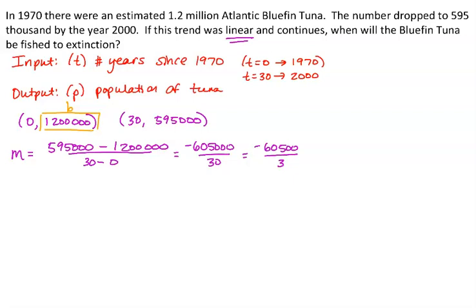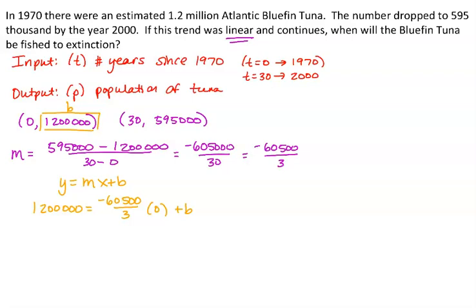If you didn't know your y-intercept or you weren't sure if that was b, the other way that we could figure that out is to plug our point into our y equals mx plus b. So if you plug in the m that you just calculated and your point, we could plug in our 1.2 million equals m, our negative 60,500 over 3, times our x coordinate, which here is 0, plus b.